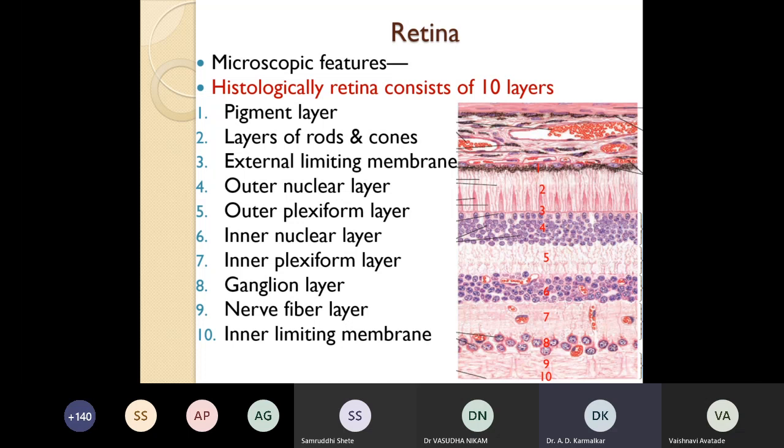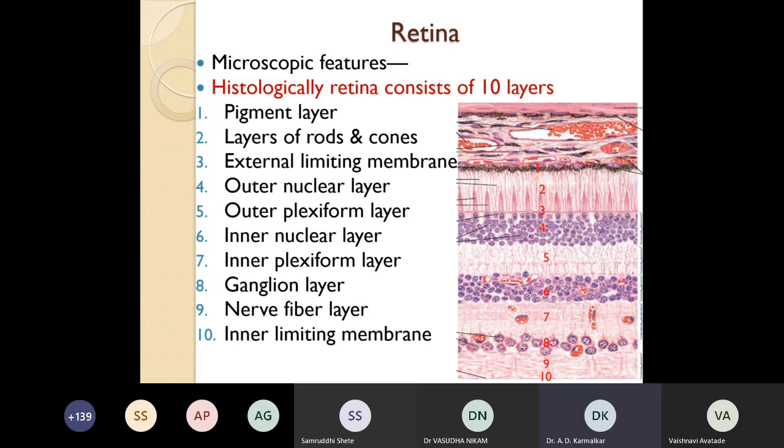These are nothing but the supporting cells, the Muller cells. They are joined by the junctional complex, the zonula occludens, which forms the external limiting membrane just near the inner segment of the rods and cones. Then the outer nuclear layer, formed by the nuclei of the rods and cones, is number 4.